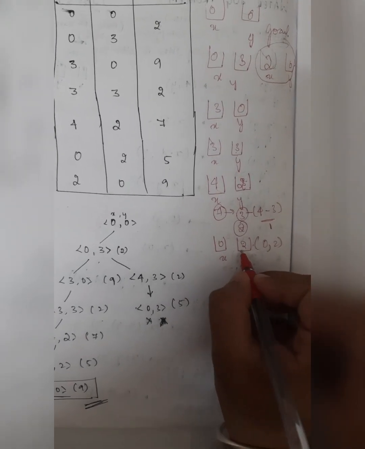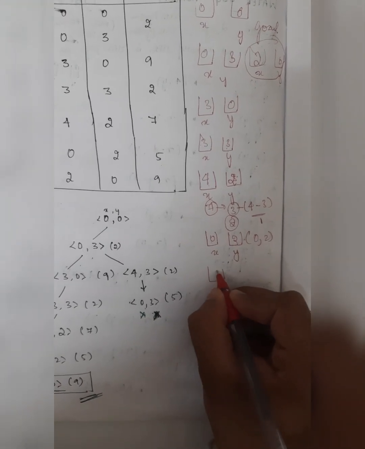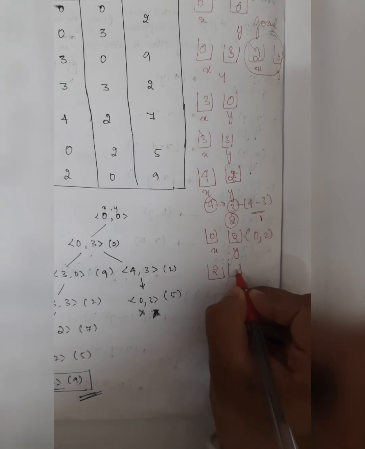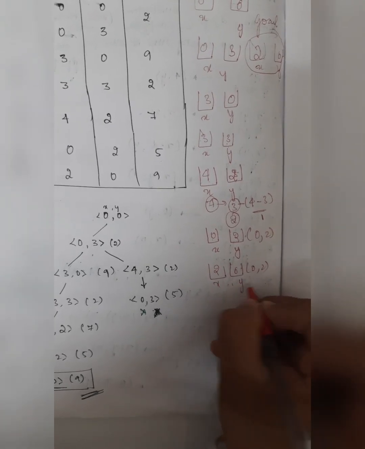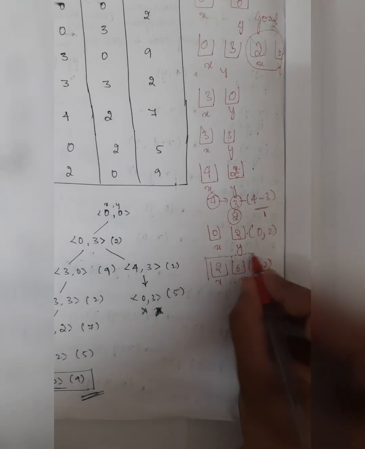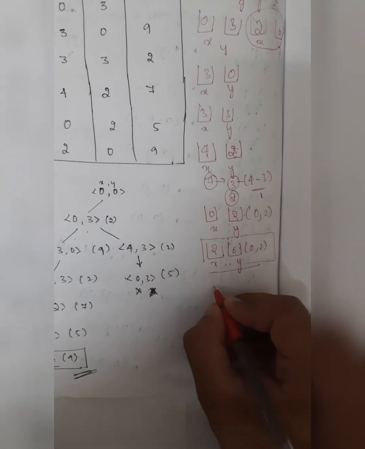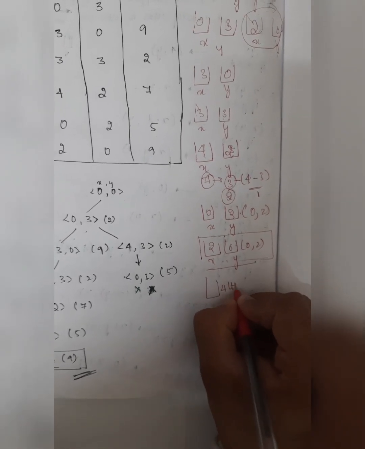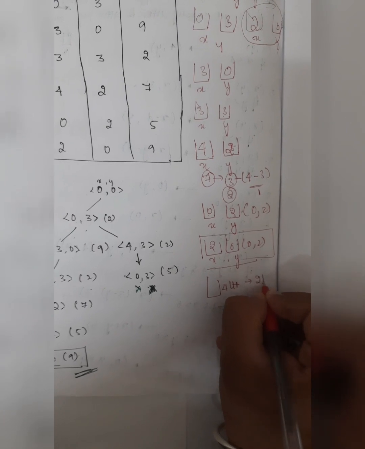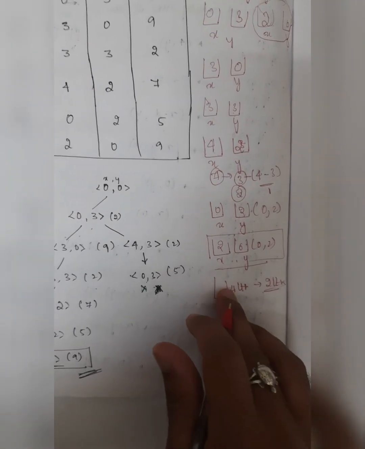Now whatever is there in Y, let me empty it into X. If I empty it into X, what will I get? 2 comma 0, right? So have we achieved our goal state? Yes, we have achieved our goal state. What was our goal? Our goal was to fill the 4-liter jar with exactly 2 liters. Did we get exactly 2 liters in this 4-liter jar?